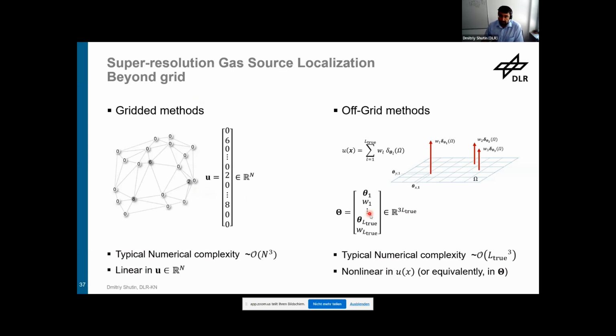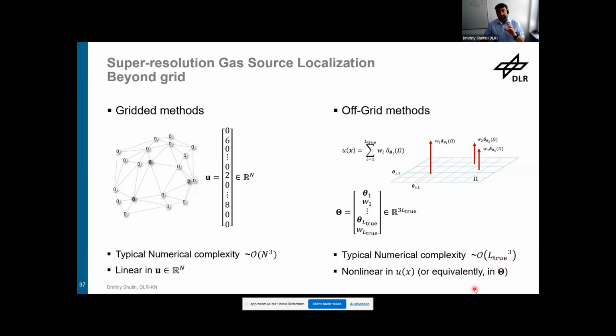The price we pay here is that we no longer have linearity, because our model will depend non-linearly on these parameters. So we will not have a least squares problem. We will not have a linear estimator like we had for gridded methods. We will have a non-linear estimator. So that's the price we pay for this lower dimensionality.